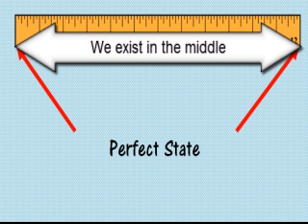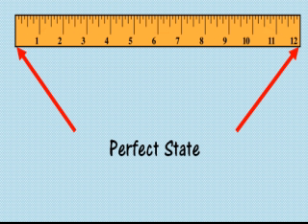We can make a list of those characteristics of the ideal of femininity and the ideal of masculinity, but we don't exist there. We exist somewhere in the middle. So the actual concept of the ideal doesn't exist in reality, but it becomes a measuring stick by which reality is assessed.